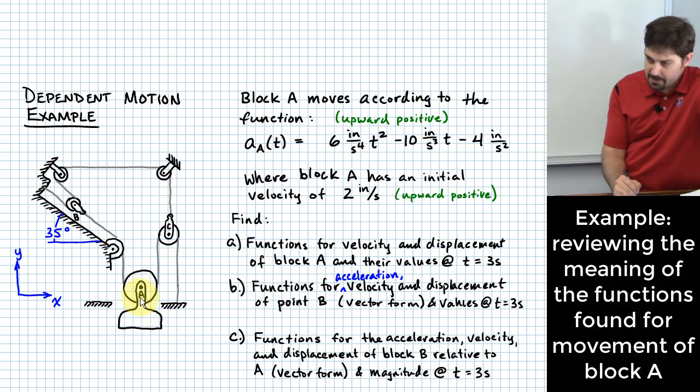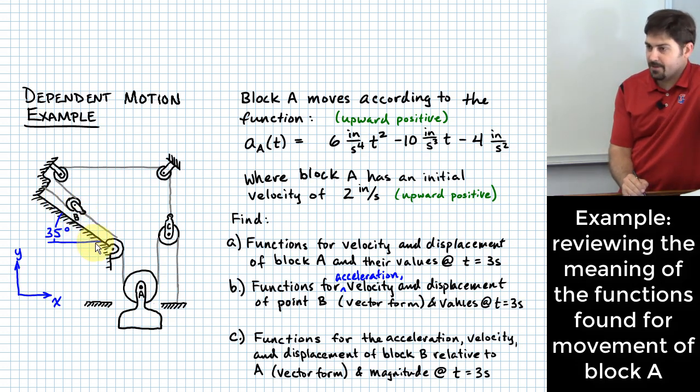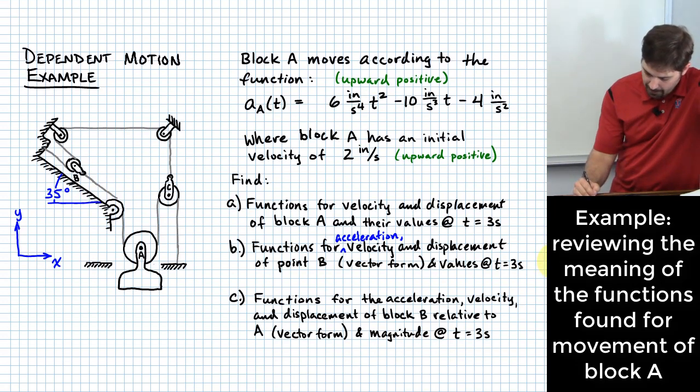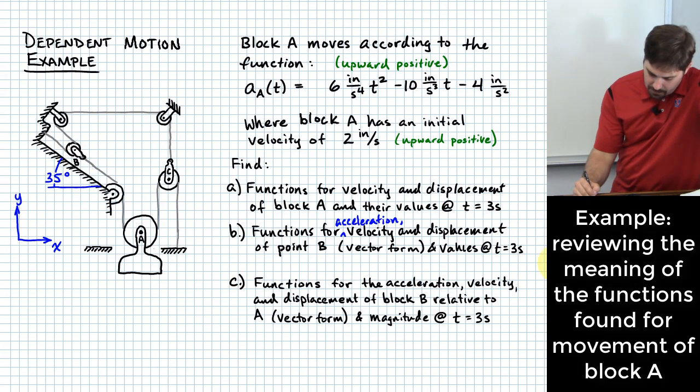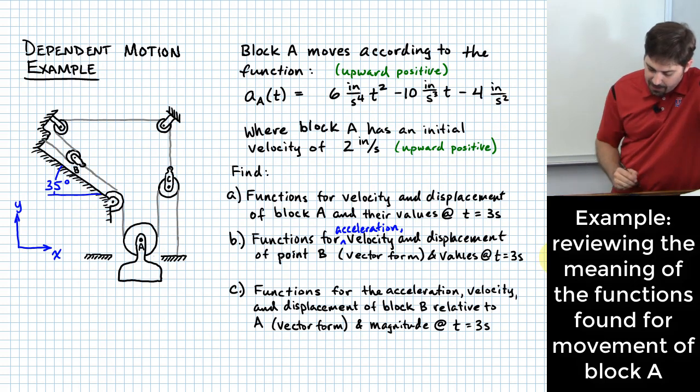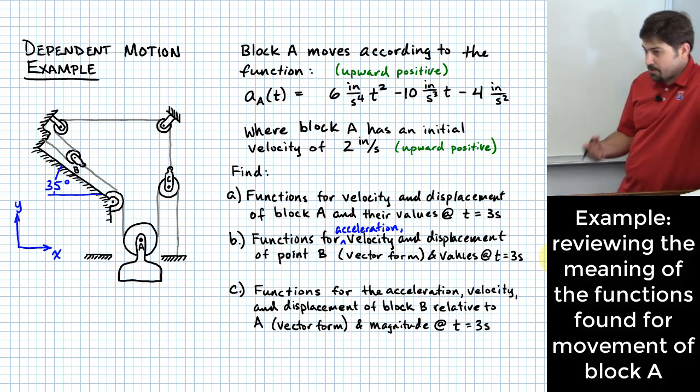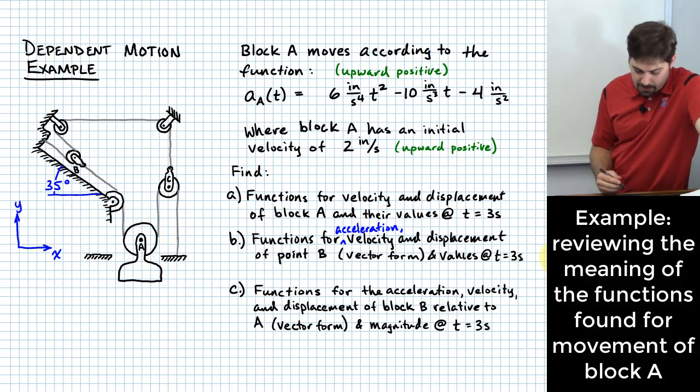And then the block that's built onto it, B, is up here on this incline, moving along that incline direction. So what we've just done is we've figured out velocity and position functions as a function of time in each case for block A.